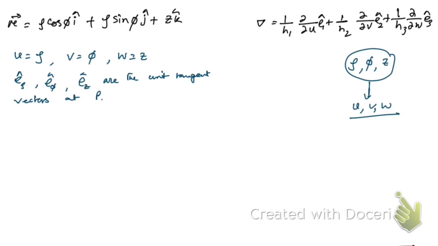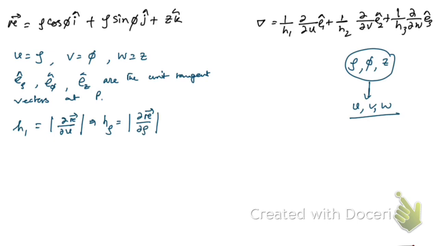So in this case, h1 is going to be the mod of del u of vector r. Instead of h1 we're going to take h rho, so it's del rho of r.